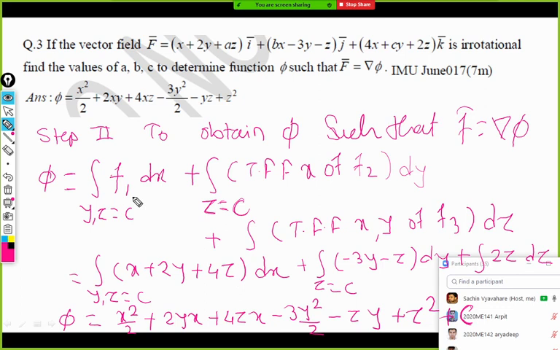So write the formula completely. Is there any doubt other than this? No, sir, no doubt.